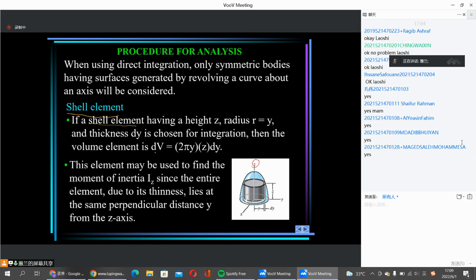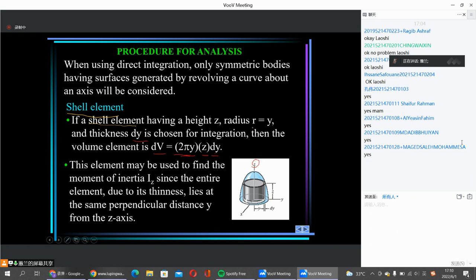Then the volume element with thickness dy is chosen for integration. So the volume element dv is equal to 2 pi y z dy. 2 pi y is the perimeter of the circular shell, z is the height, and dy is the thickness.